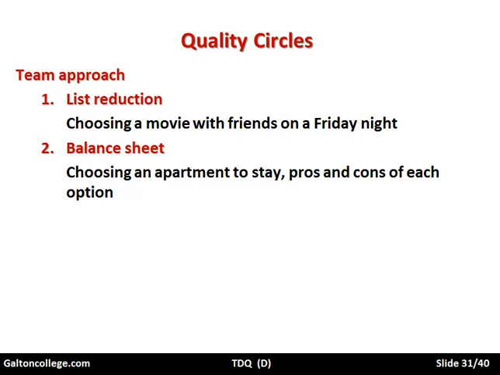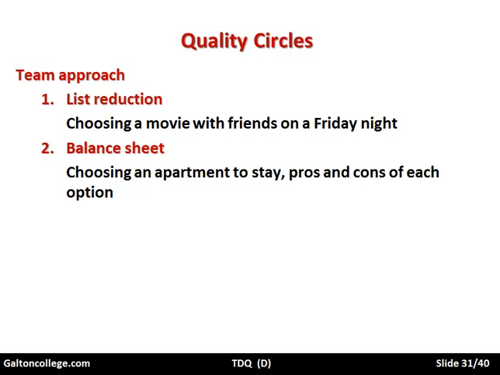List reduction, reducing options down to one, is only done by negotiations and by looking at the various alternatives. So instead of going to see a movie on a Friday night, they could have gone to the restaurant, or they could have gone for a walk in the park. But they choose the movie.